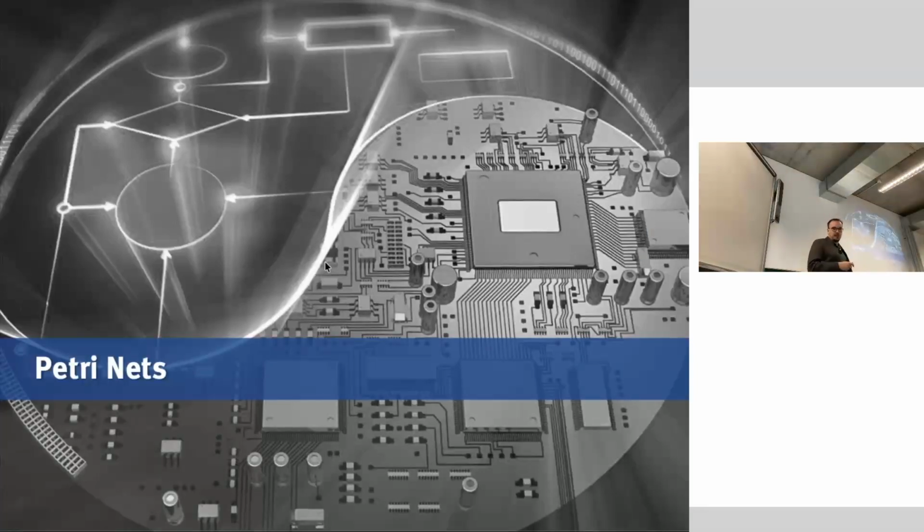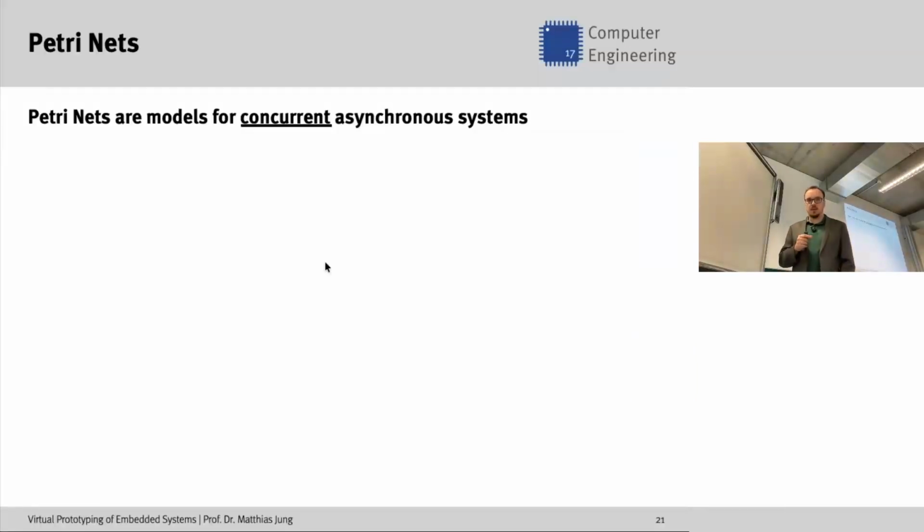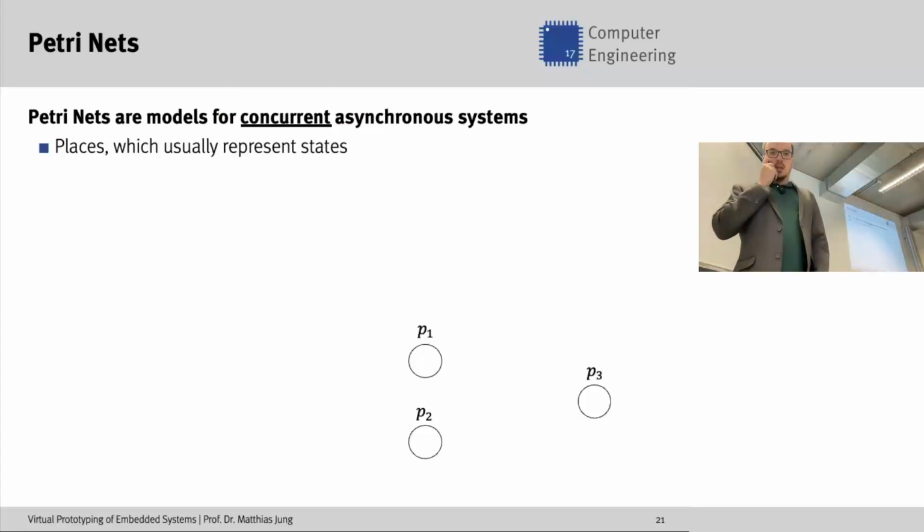So let's talk about them. Petri nets are models for concurrent and also asynchronous systems. So you can also make them synchronous easily, but the concurrent thing is the most interesting part.